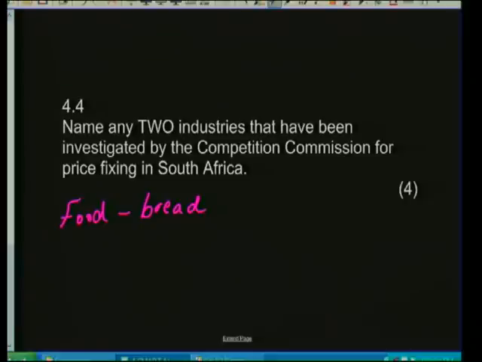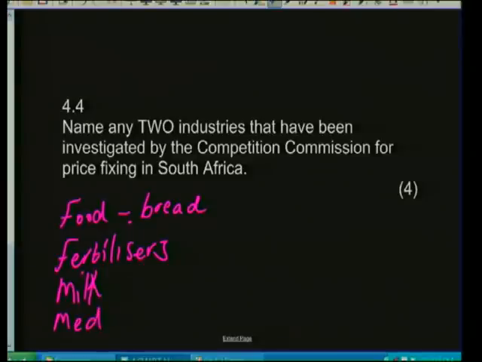Then there's also been issues in the field of fertilizers, milk, and medicine. And if you go to the complete memo, you will actually see a number of other industries where the same type of thing has happened.